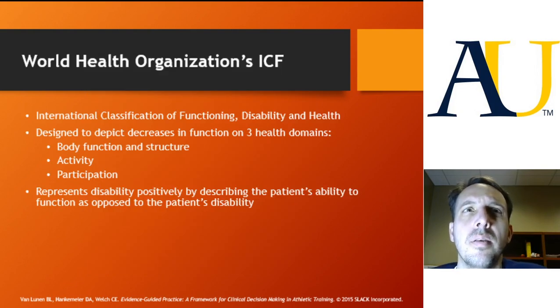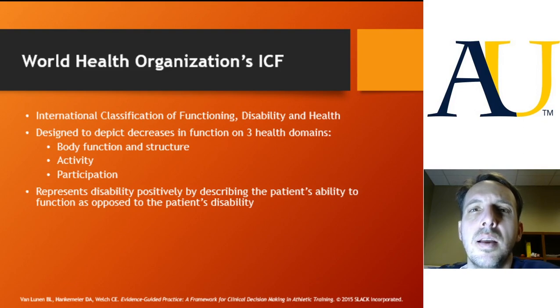So the World Health Organization's ICF, or International Classification of Functioning, Disability, and Health, we've spoken about this numerous times within the athletic training program, but want to review it here just from the point of view that because we are now making decisions, we need to consider all of these different components for decisions regarding the application of our interventions.